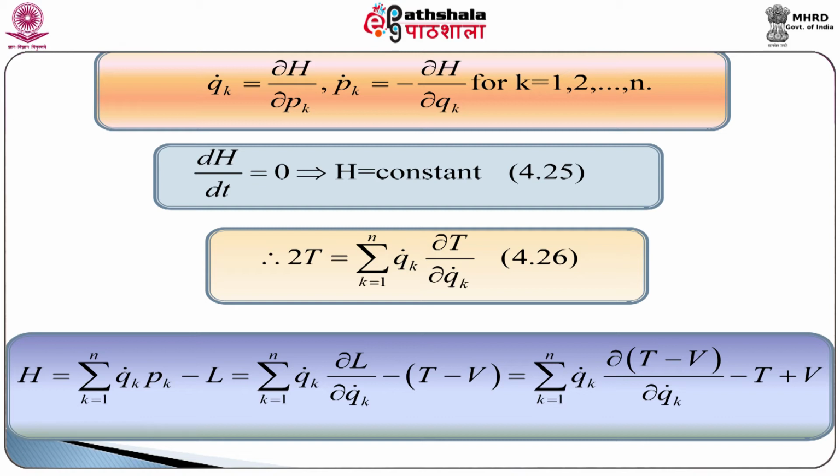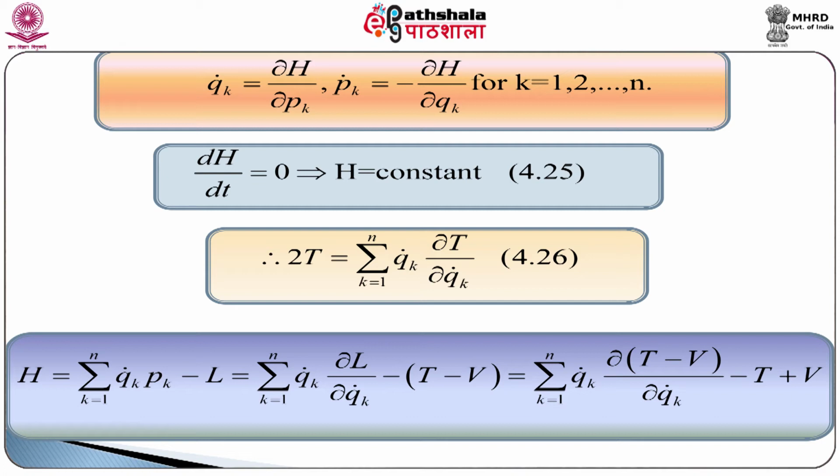Here we have used Pk equal to del L del Qk dot, and for a holonomic dynamical system, Lagrangian L is equal to the difference between the kinetic energy and potential energy.